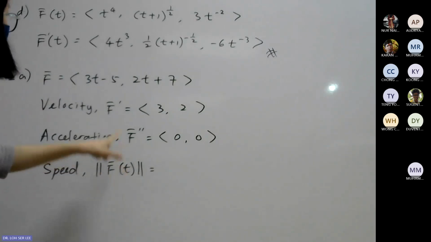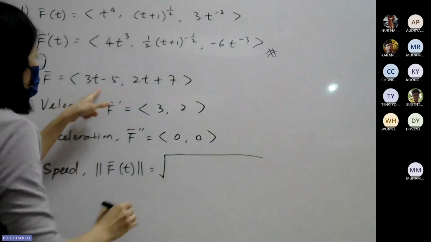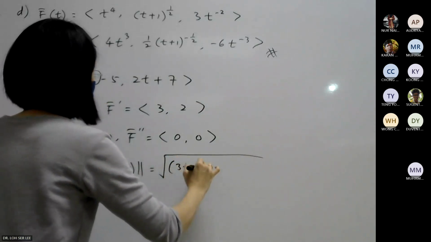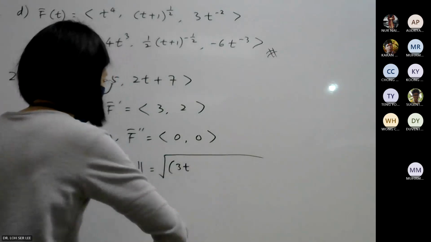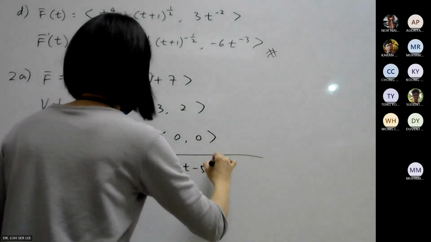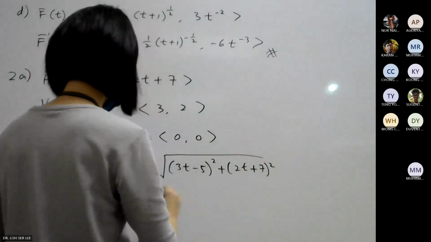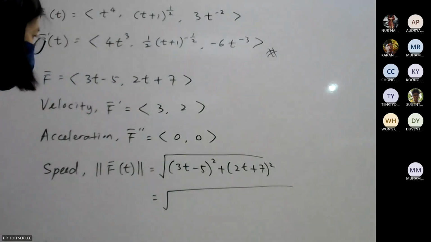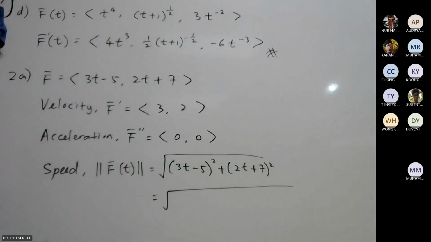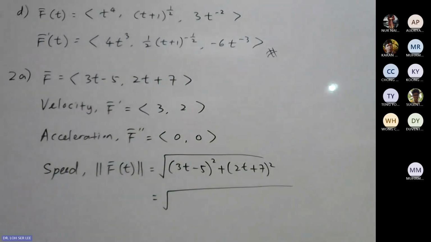And for the speed, you have to compute the square of this.